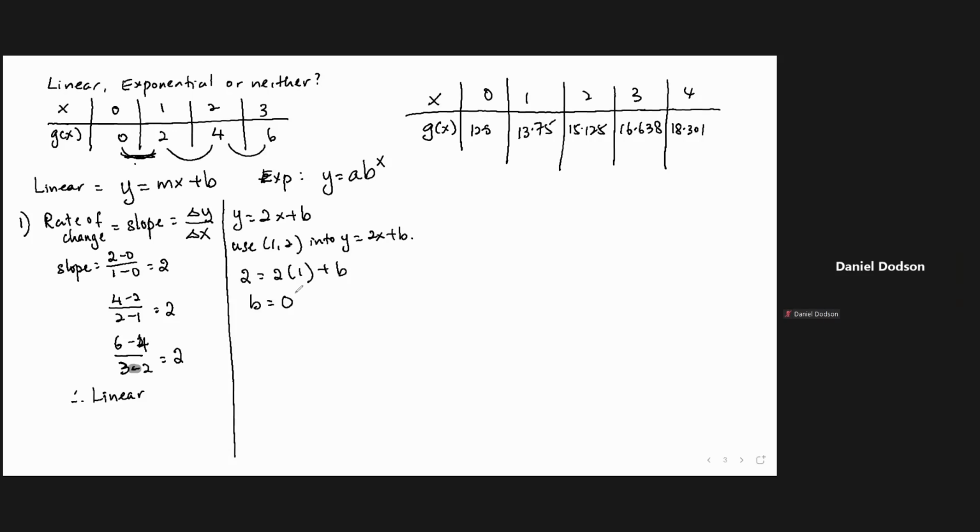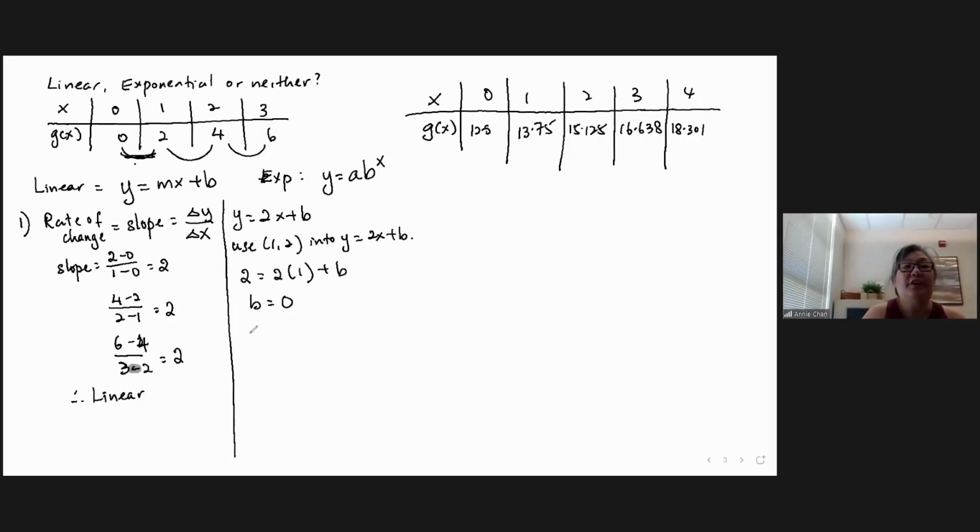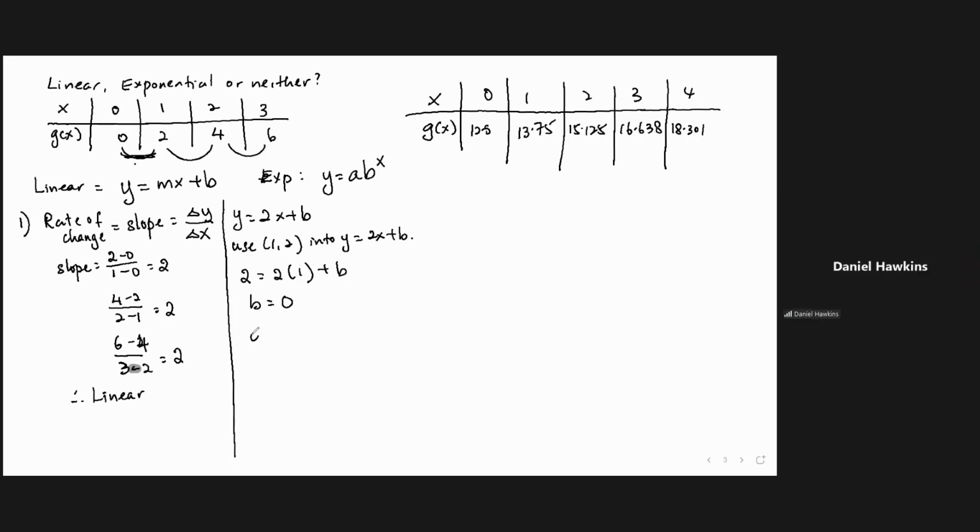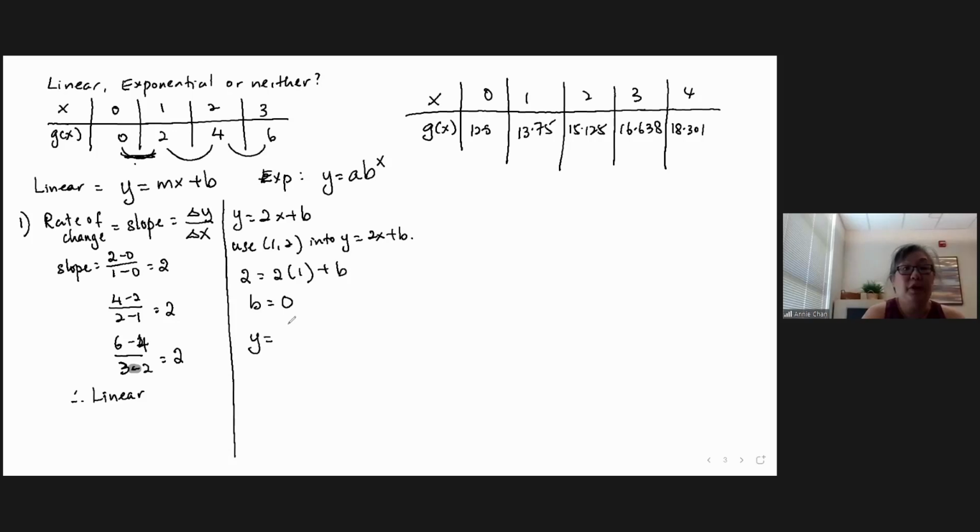Are you done? You have to rewrite the equation, right? Technically, the answer is we know it's linear. Only because we know it's linear, then we can proceed to find the linear equation if they ask you to. Okay, so y equals 2x.